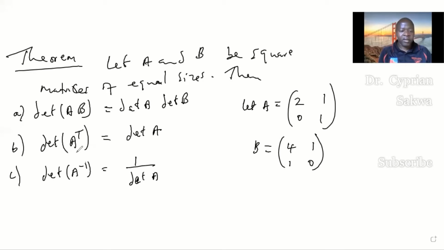And then find the transpose of A and see whether the determinant of that transpose is the same as the determinant of A. Then also find the inverse of A and then the determinant of that inverse and see whether the result will be the same as 1 over det A. Now I want to look at an example that will apply this theorem.